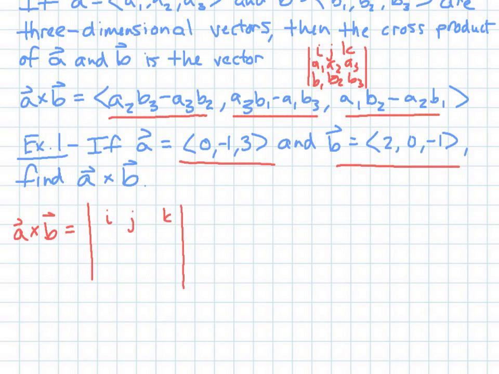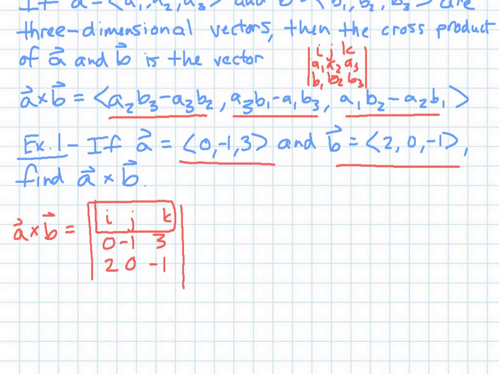Okay, so now when I put this in, remember the first vector in the cross product is first, so 0, -1, 3, but certainly you could switch that order around and you'll still get the same thing. The only requirement here is that you want to use the first row.